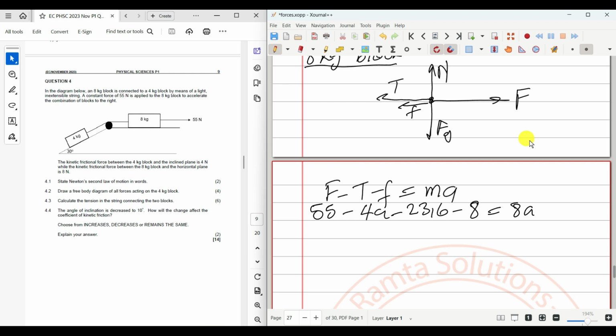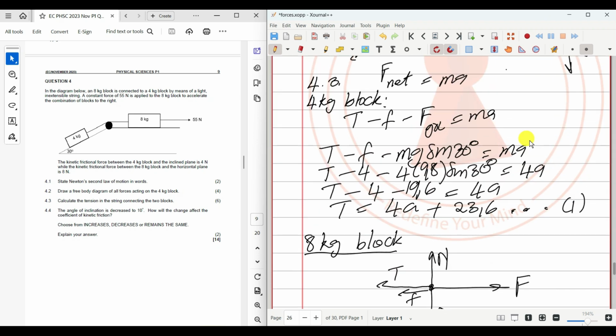I want to make sure that here I am not speaking gibberish. I just want to confirm here. We have 4 minus 4 into 9.8 sine 30.